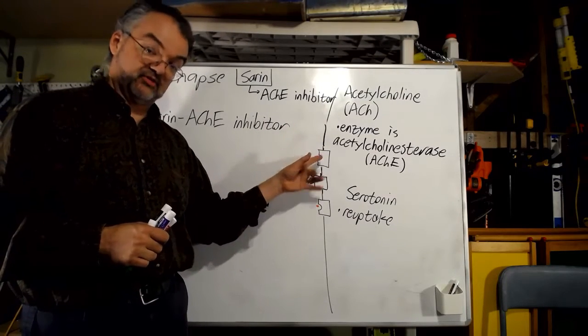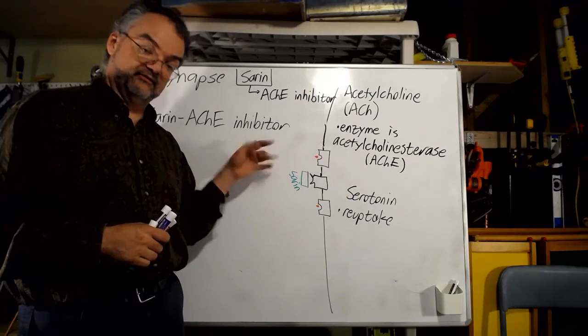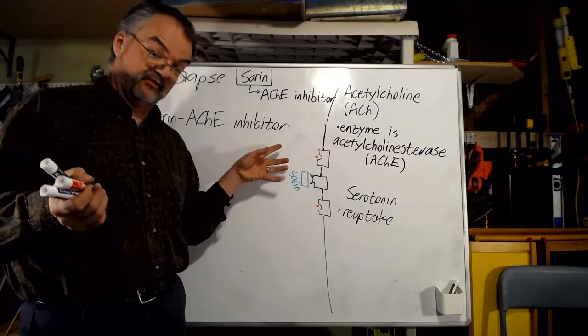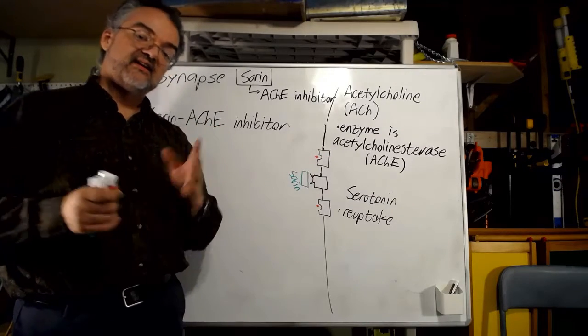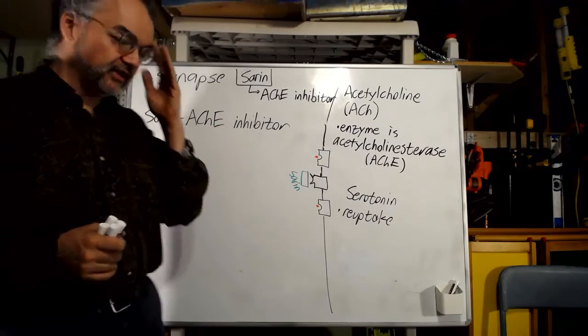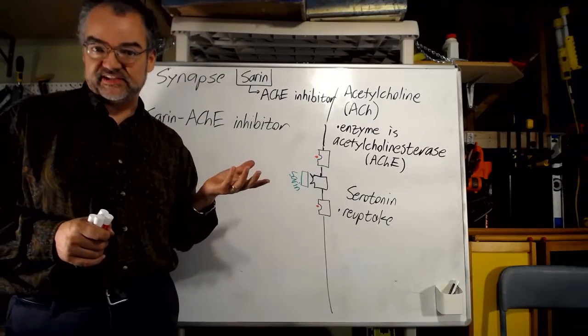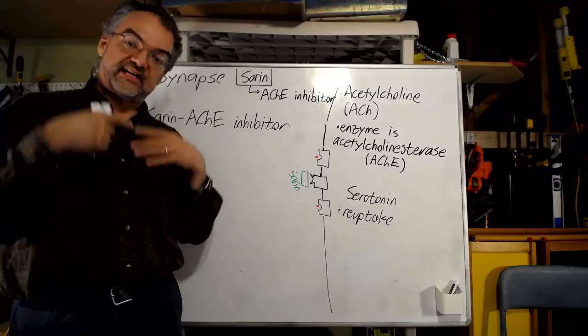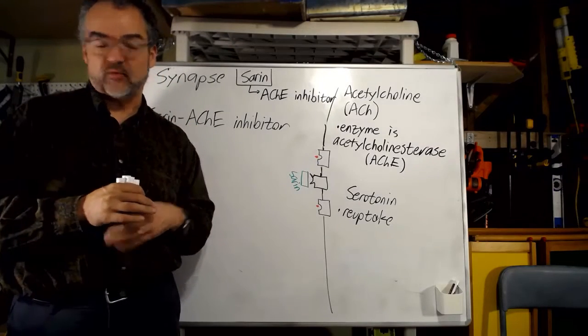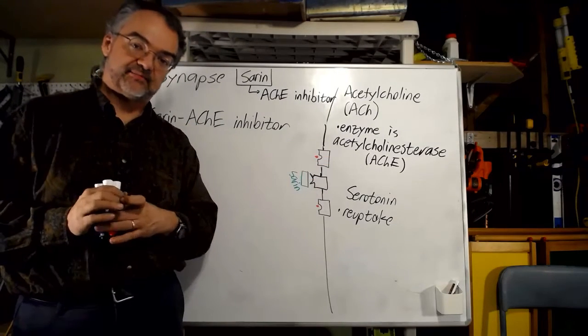Binds to the receptors, causes an effect. Comes back off, reshuffle. Still no enzyme available, so it binds to the receptors. It keeps causing an effect. If you receive a dose of this acetylcholinesterase inhibitor, when your presynaptic cell releases acetylcholine, it has a much stronger effect than it otherwise would. It keeps affecting the postsynaptic cell.